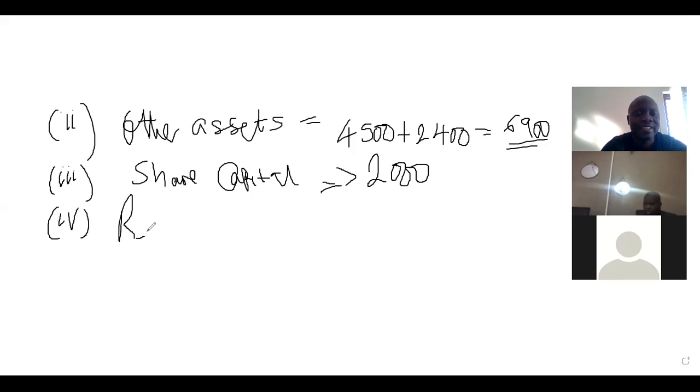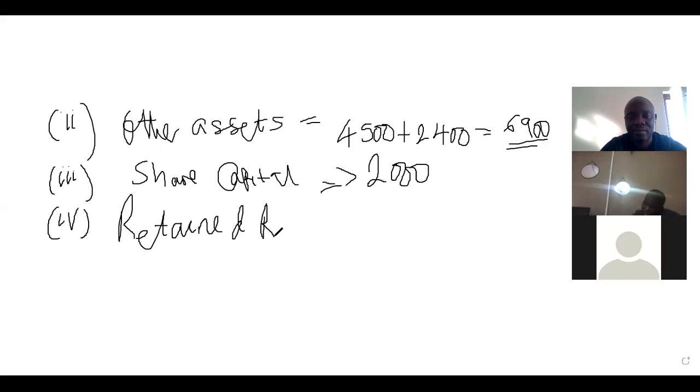On the retained earnings, you pick 100% from the parent company, and then you pick the post-acquisition portion of the parent company. Yes.